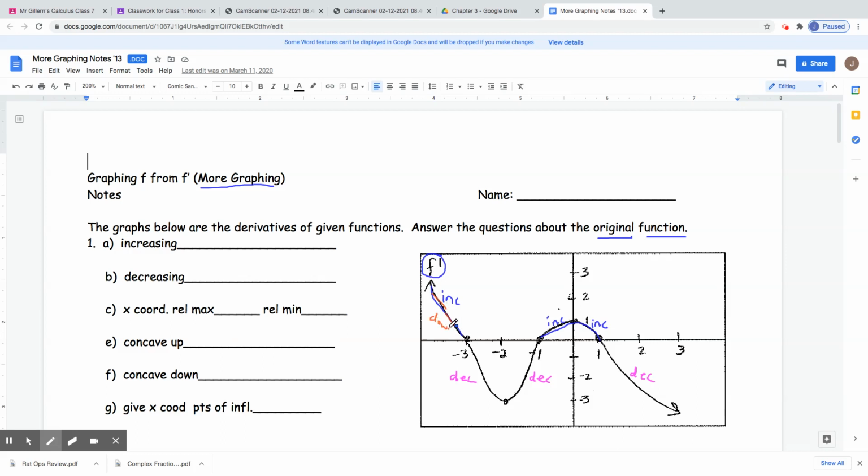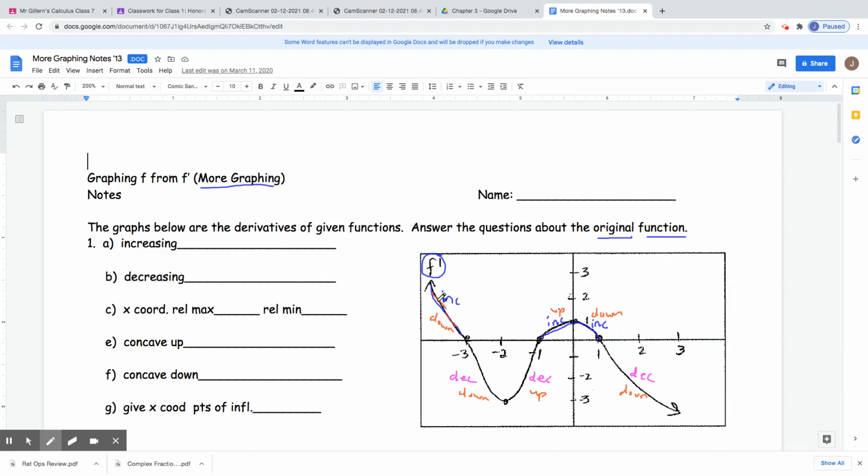So I'm just going to trace the graph. That's down. Then I'm starting to go up. That means the original is concave up. Up. That's down. And that's down. The reason is that the slope of the derivative is the second derivative.